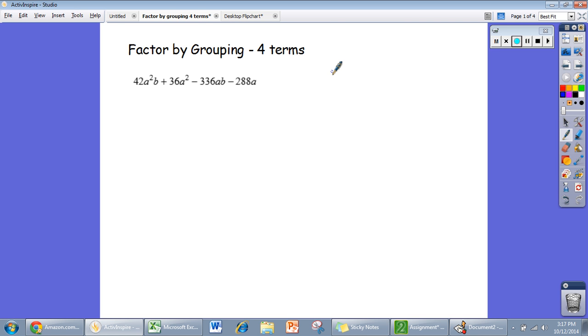Always, with any factoring problem, you need to look for the greatest common factor. Now, if you're using the TI Inspire in school, you can go to the calculator page, and if you type GCD into your calculator, parentheses, your first number, comma, and your second number, you'll find the greatest common divisor or greatest common factor of those two numbers.